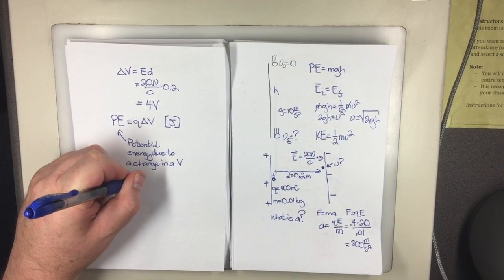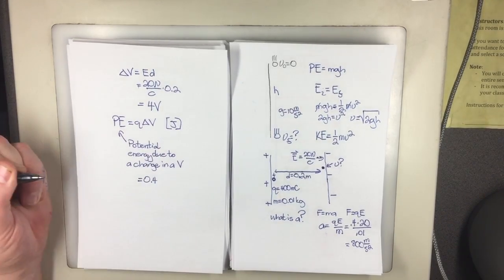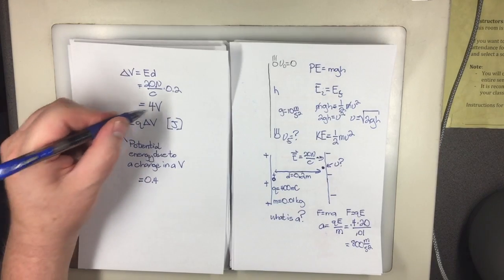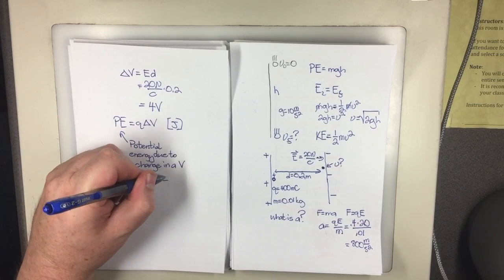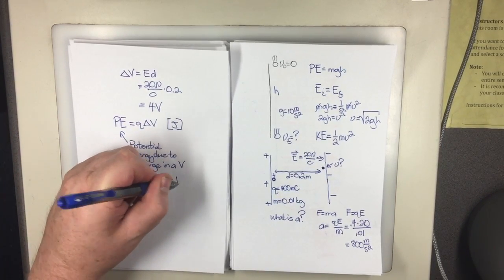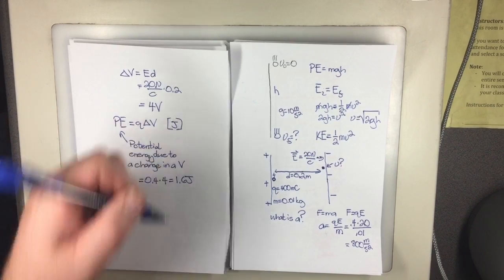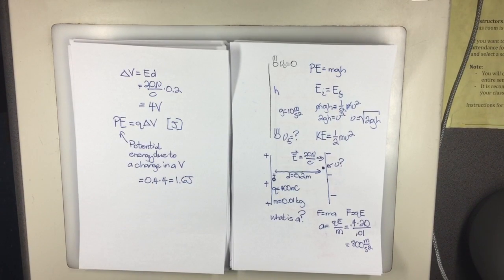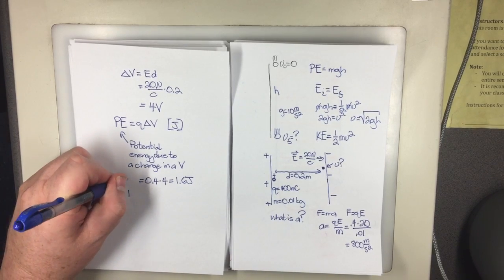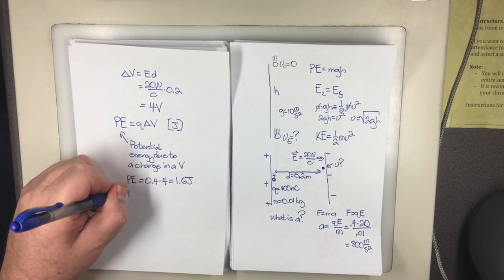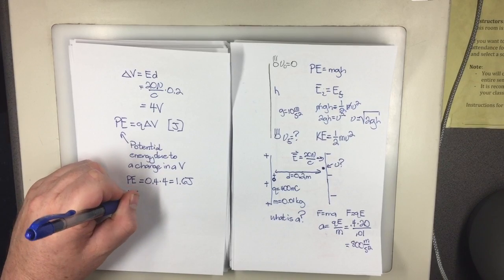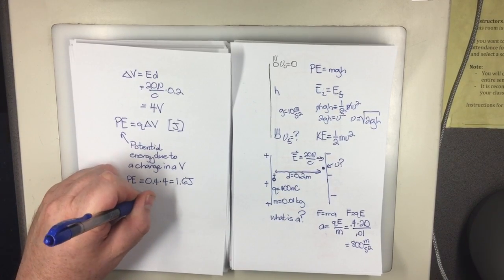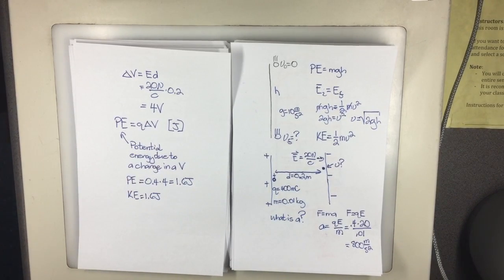So what we do is we have Q, 0.4 coulombs, a potential difference of 4, so this gives me 1.6 joules of potential energy, which means at the end, so the potential energy is this, the kinetic energy will also be 1.6 joules as well.